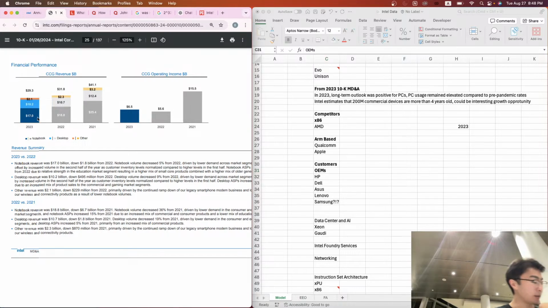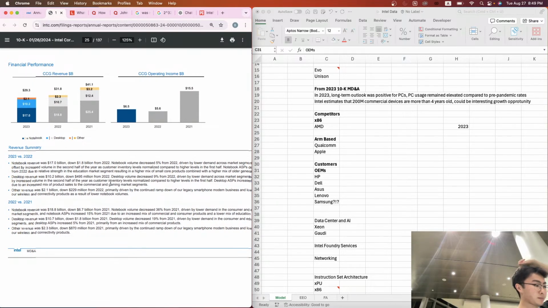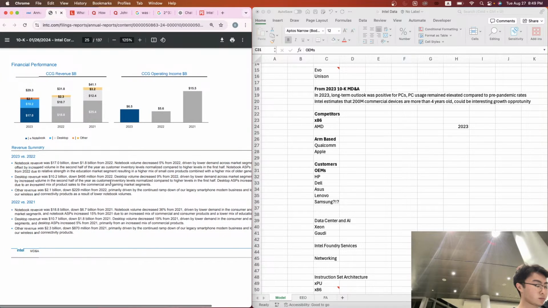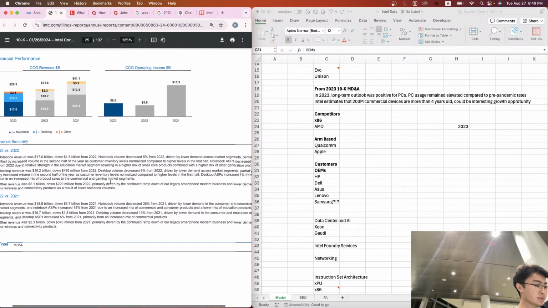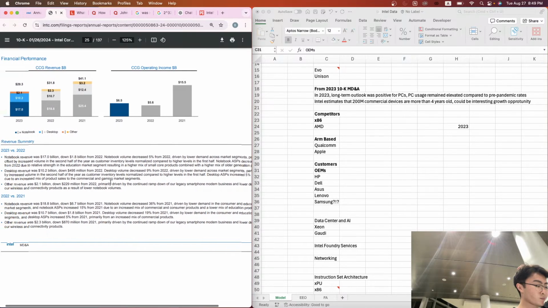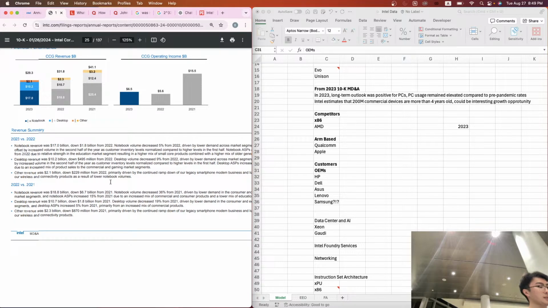Okay, so actually desktop revenue is lower than notebook revenue. What is notebook? I guess laptops.